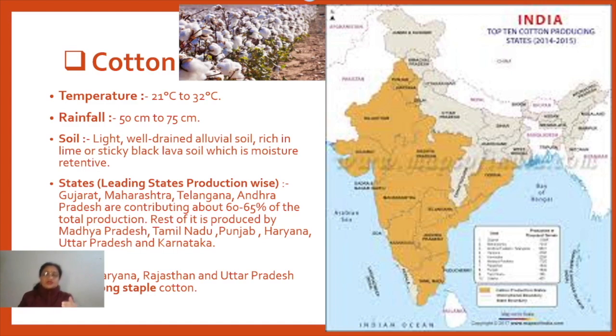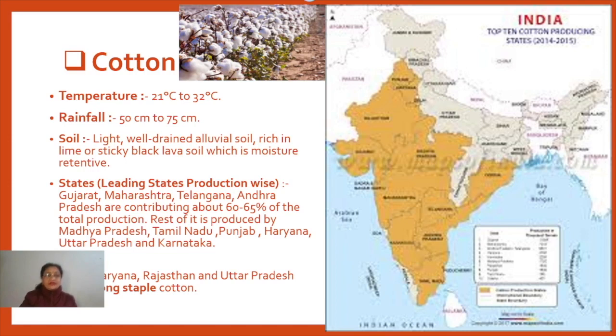If it goes, by chance, below 18 degrees or so, the crop will get affected. The total yield will get affected, meaning the total production as well as the quality. Both quantity and quality get affected. So this is about the temperature.